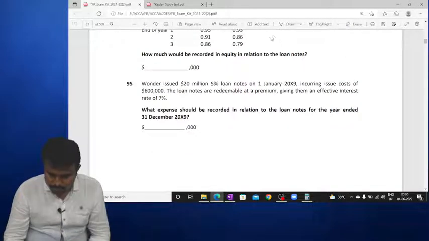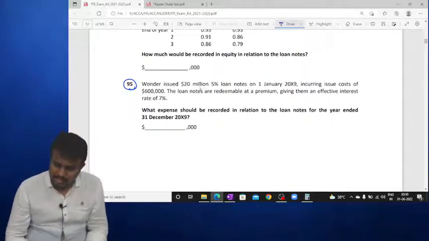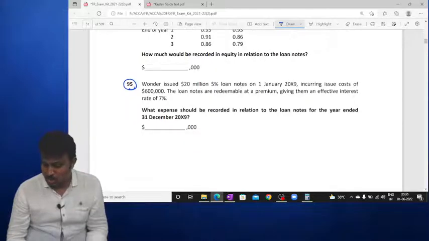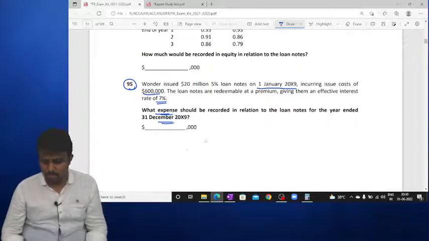So coming to this one, Wonder issued $20 million 5% loan notes on 1st January 20X9, incurring issue cost of 6 lakh, and the loan notes are redeemable at a premium, giving an effective rate of 7%. What is the expense that should be recorded in relation to the loan notes for the year ended 31st December? Here the expense is the finance cost.